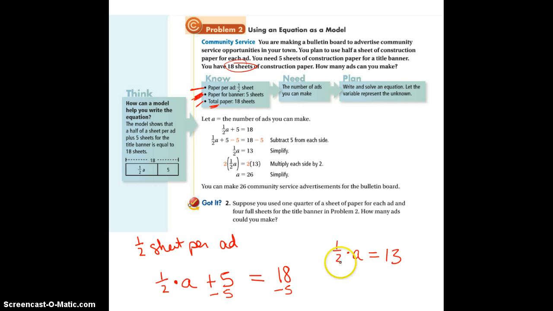And then to get rid of this half times A, since this is multiplication, the inverse would be to divide by a half or to multiply by 2 over 1. Remember, it's the same thing. Dividing by a half is the exact same thing as multiplying by 2 over 1. So I'm going to multiply both sides. And I find out that A is equal to 26.